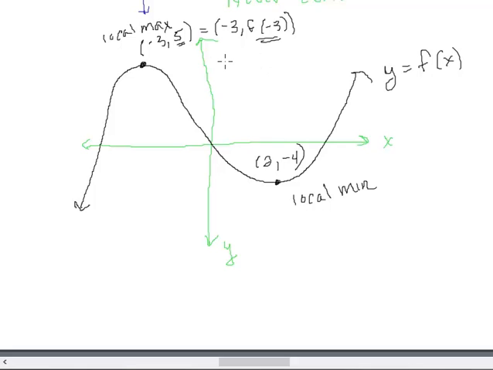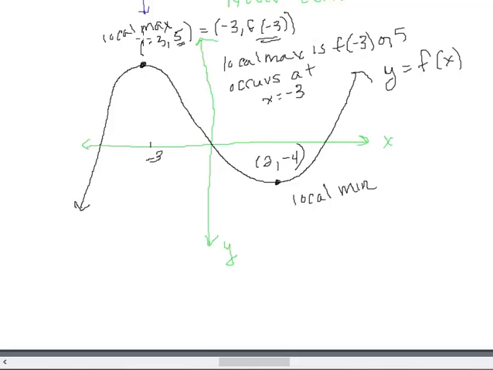So in terms of the local max, we would say the value of the function is the local max. The local max is f of negative 3, or 5, and it occurs at x equals negative 3. Should be about right there.